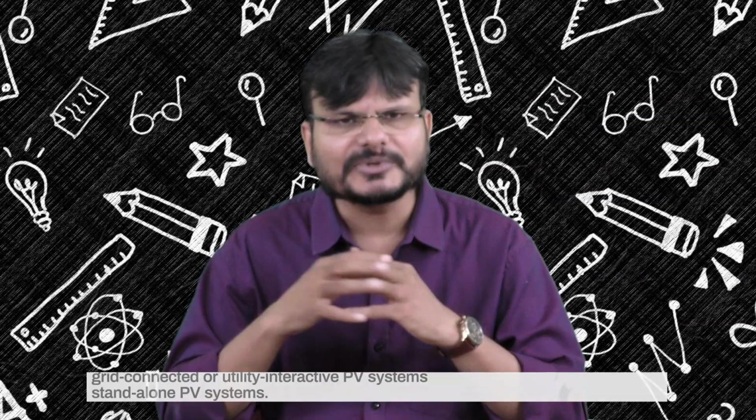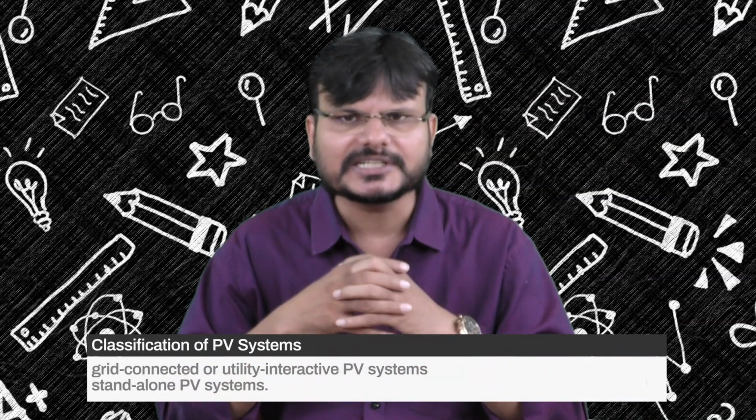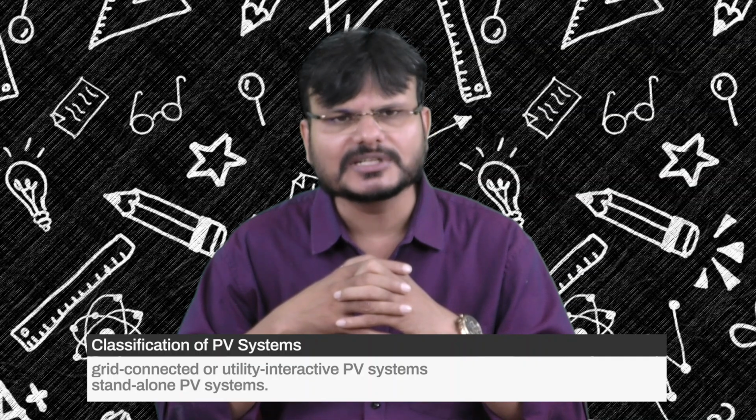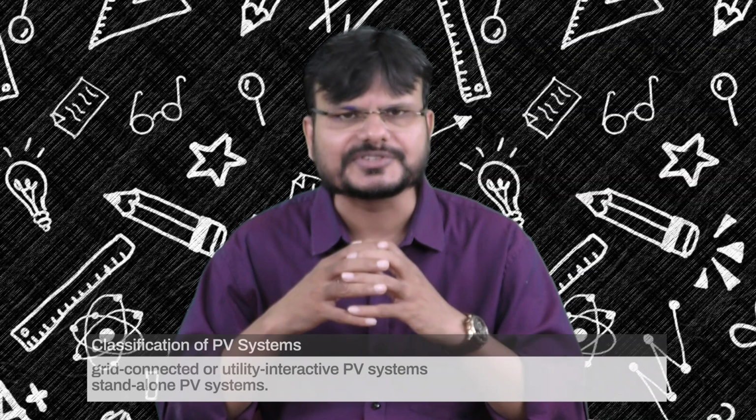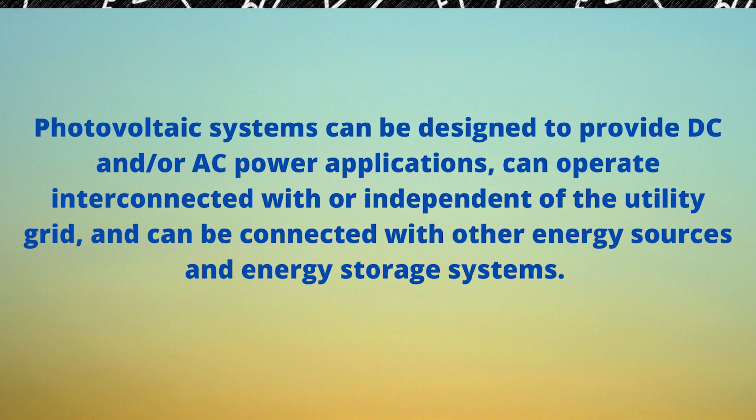So the two principal classifications are grid connected or utility interactive PV system, and the second one is stand-alone PV system. Photovoltaic systems can be designed to provide DC and/or AC power applications, can operate interconnected with or independent of the utility grid, and can be connected with other energy sources and energy storage systems.